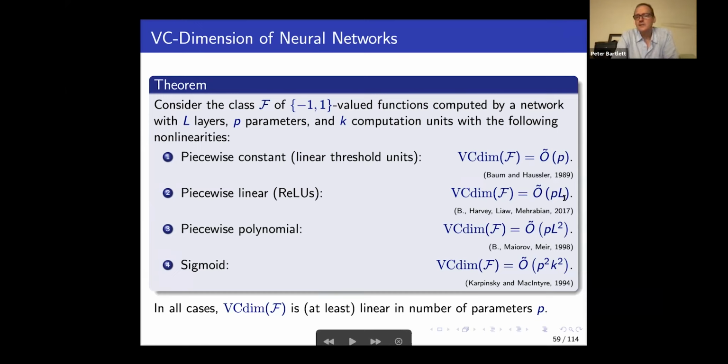So you get an improvement in terms of the dependence on the depth, and the other contribution of this paper was a better lower bound.